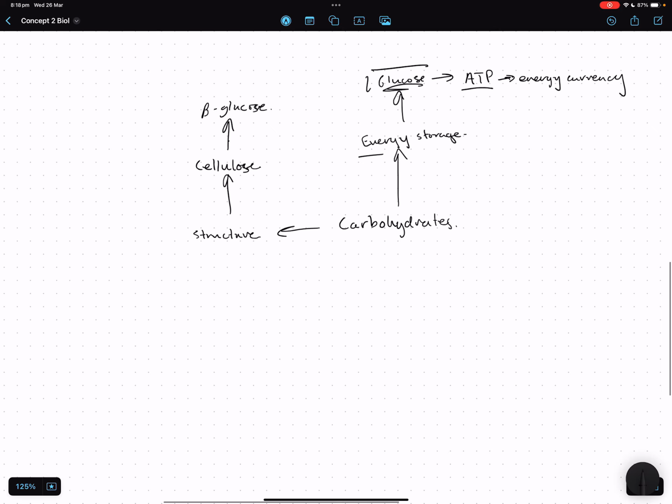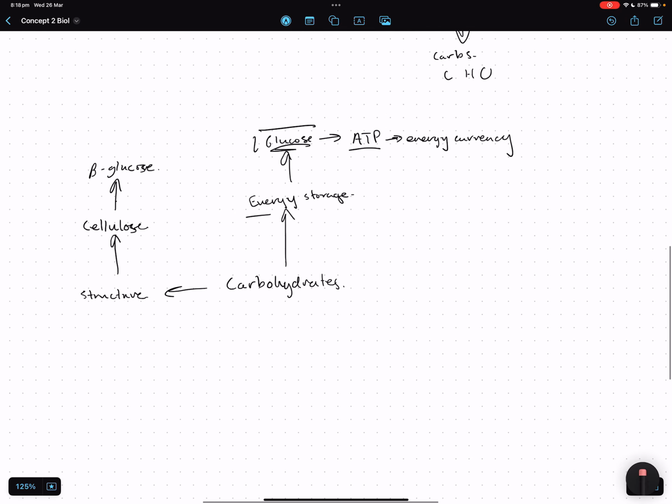Now energy storage. This is energy itself. Let's do one more little branch. My apologies, I'm going to get rid of that. Energy storage.